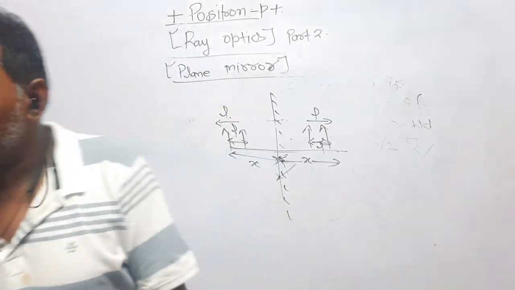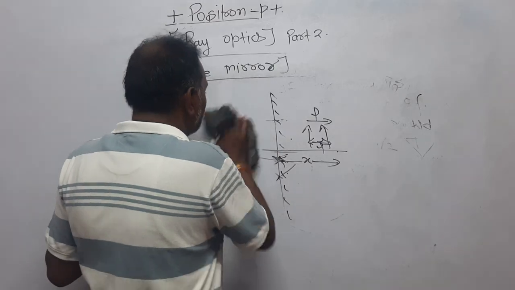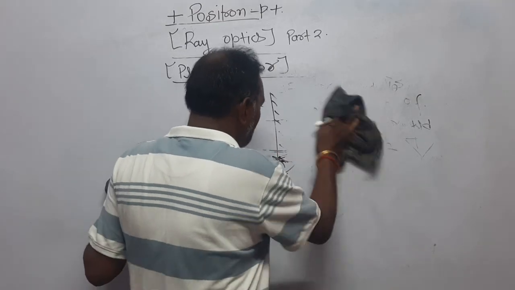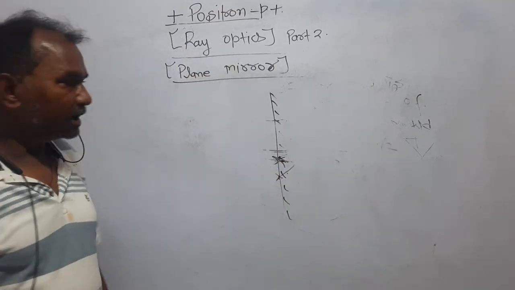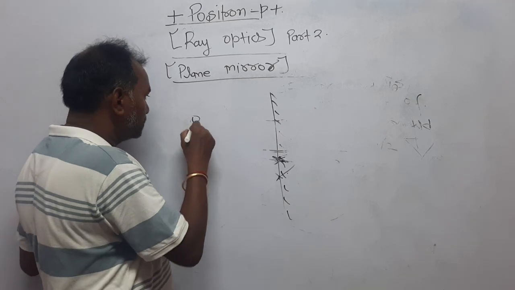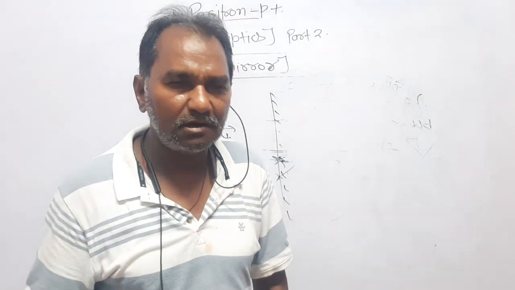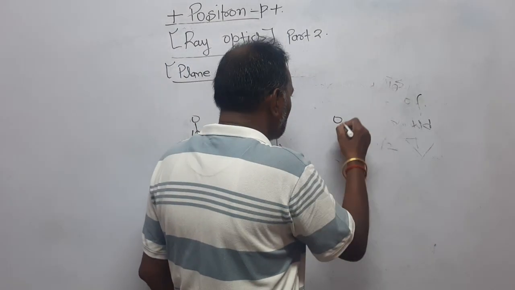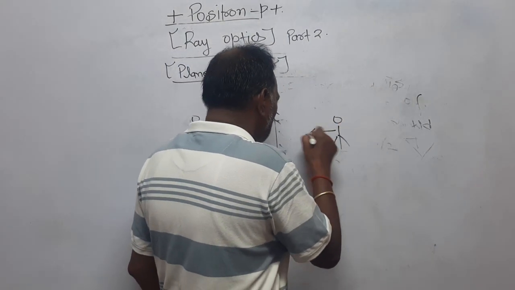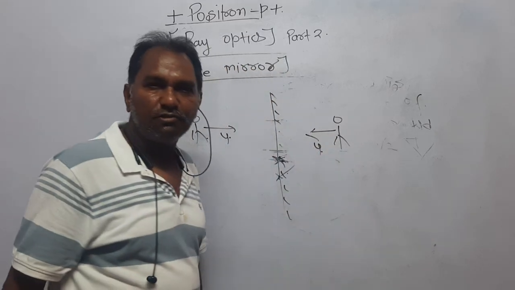Now, dear students, what happens? Let a boy be running with velocity u towards the mirror, then the image will also move towards the mirror with velocity u, right?